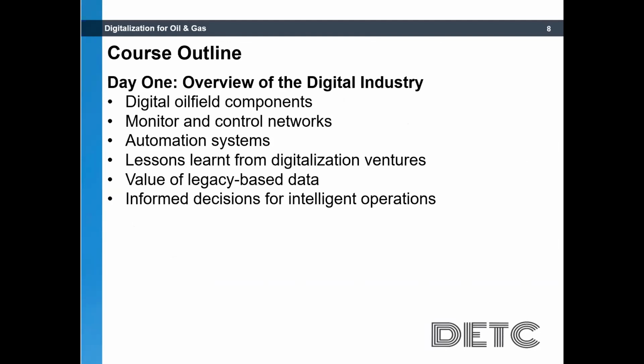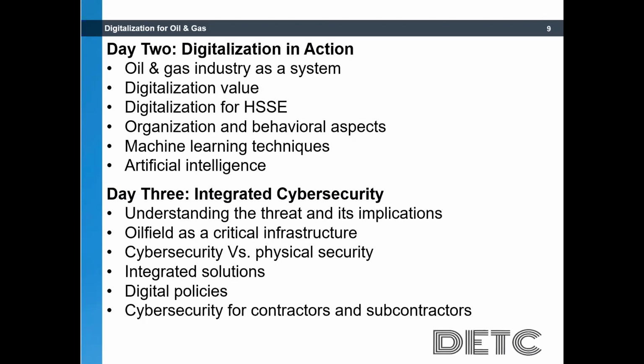So today we are going to talk about the components of the digital oil field. We're going to discuss the monitor and control networks, automation systems, and the main lessons learned and the legacy-based data. And finally, conclude with informed decisions, data-powered decisions for intelligent operations using intelligent infrastructures.